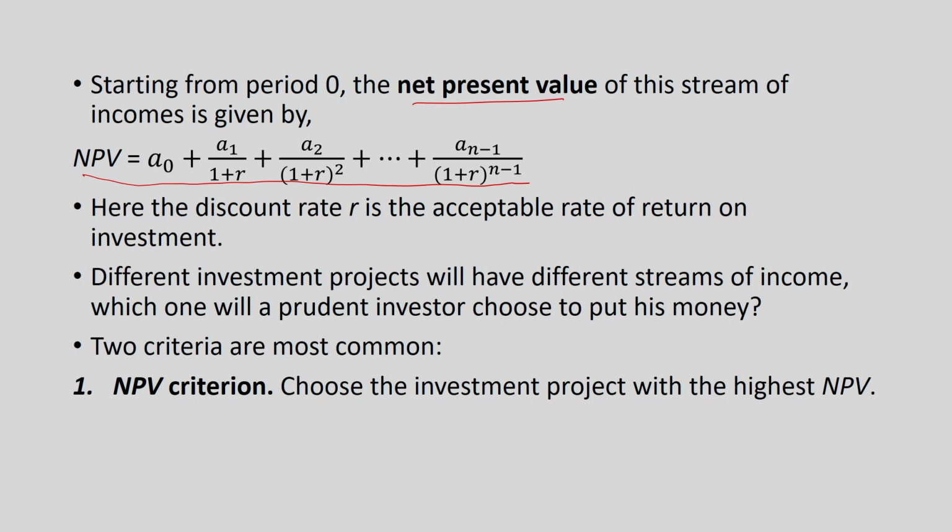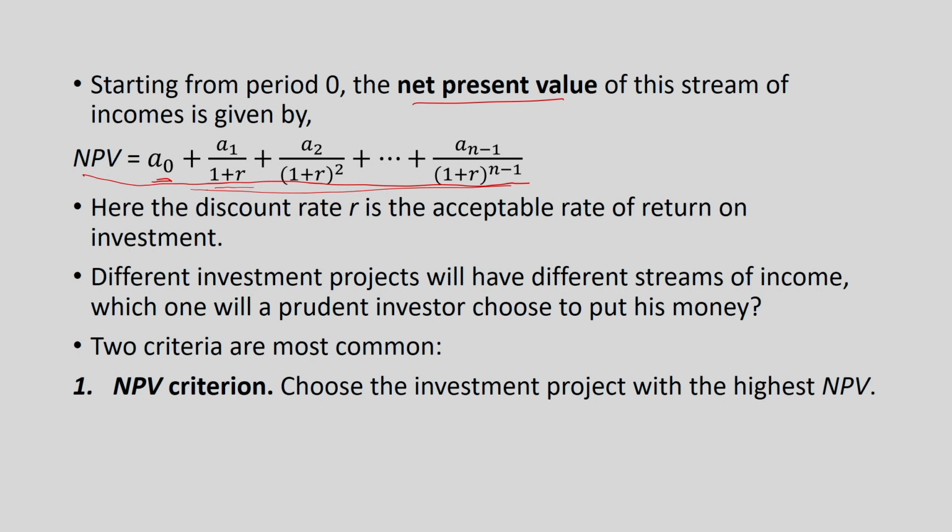You are standing in period 0, so you are not discounting A0, which is in this period itself, but from the next period onwards the incomes are discounted, and R is the rate of interest. This is how it is going to look. The last period's payment is A n minus 1, so its present discounted value is A n minus 1 divided by 1 plus R to the power n minus 1.